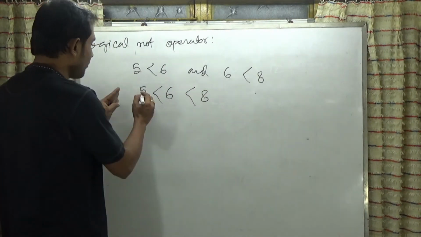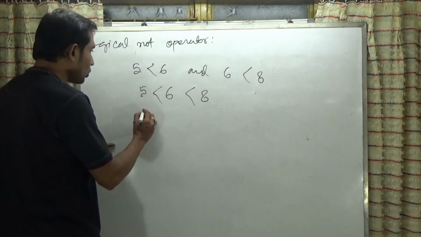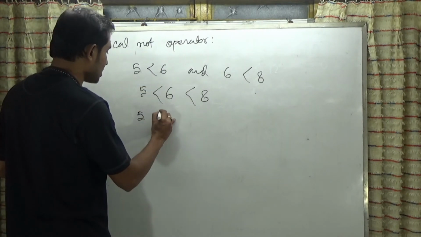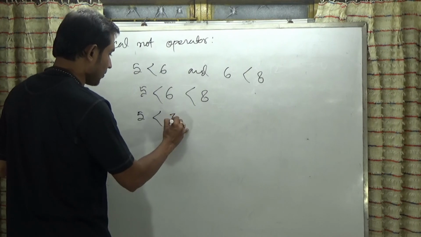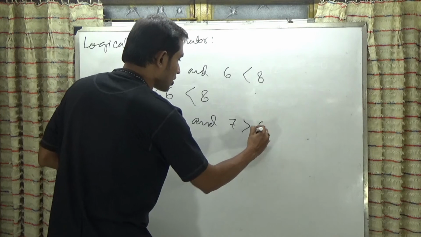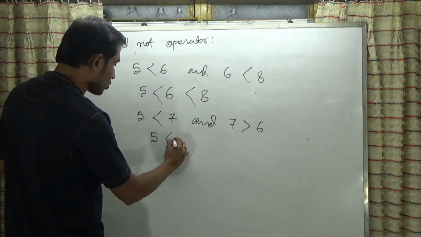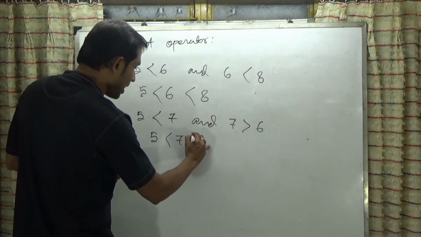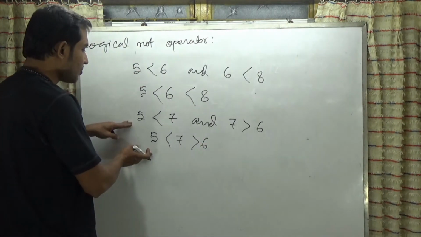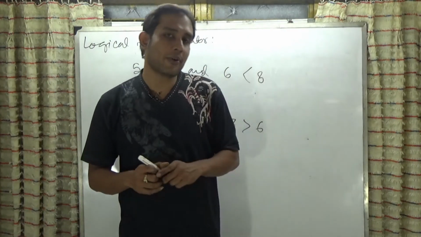Suppose 5 is less than 7 and 7 is greater than 6. In short form it becomes 5 less than 7 greater than 6. These both are the same. So these are chain comparison operators.